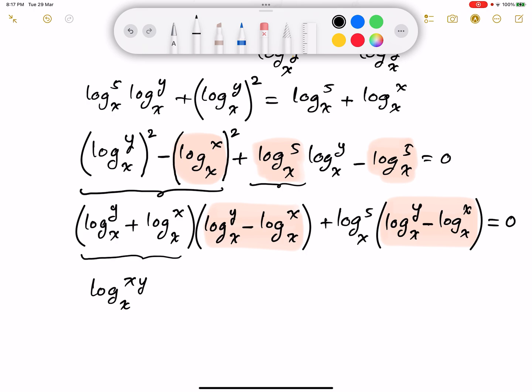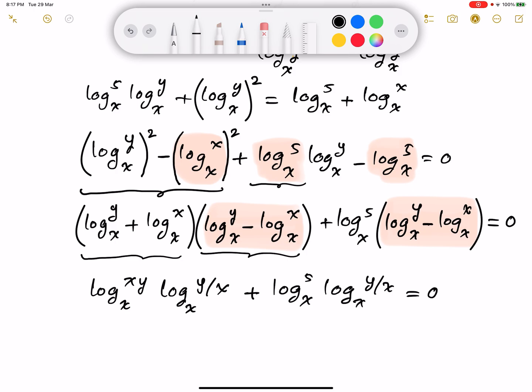And this second term can be rewritten as logarithm of y divided by x base x for the same exact reason, plus logarithm of 5 divided by x multiplied by logarithm of y divided by x base x equals 0.